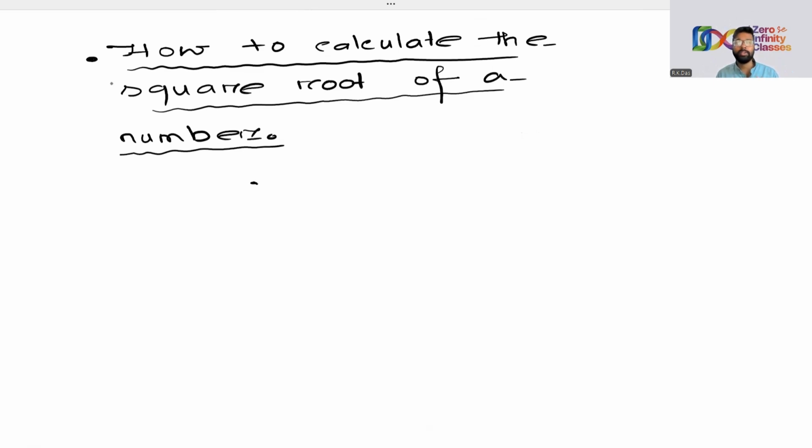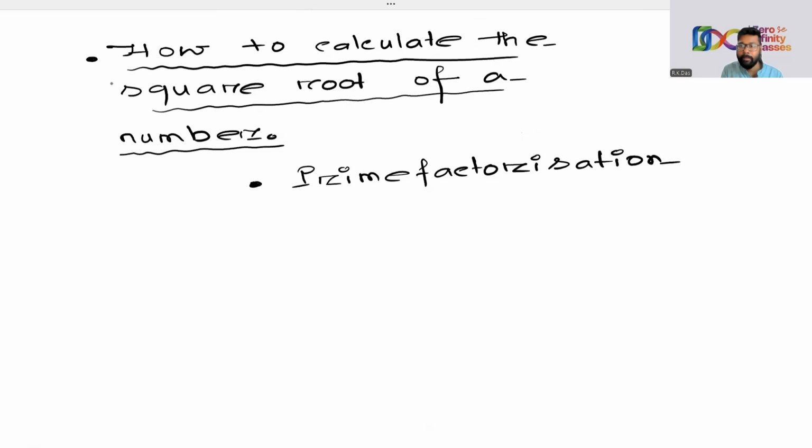For finding the square root of a number, we have got two methods. The first method is called prime factorization method, and the second method is long division method.